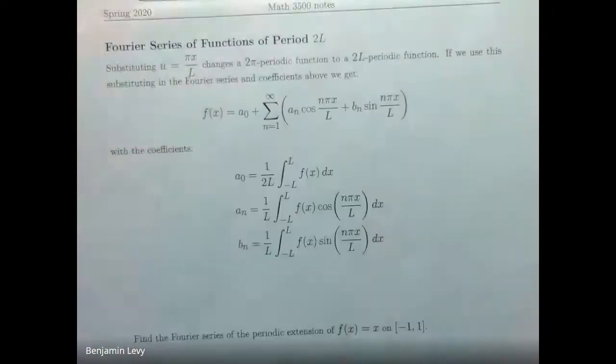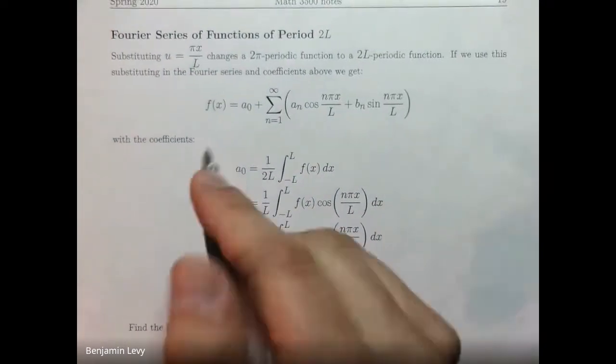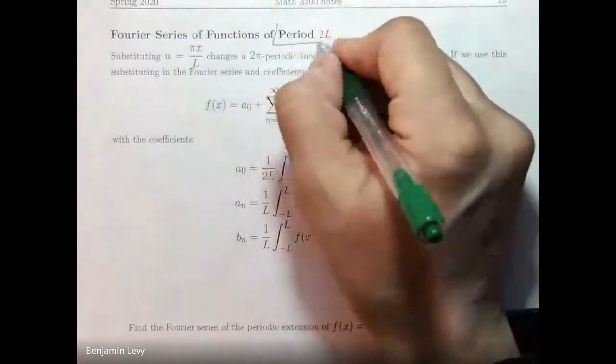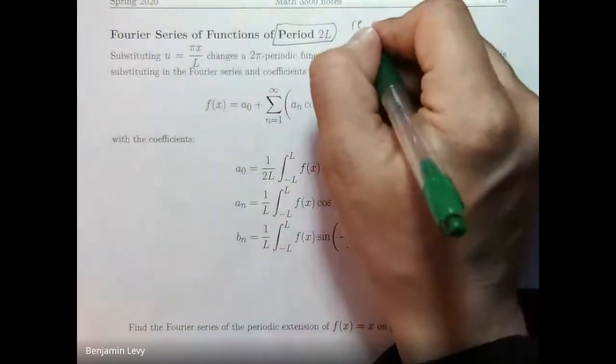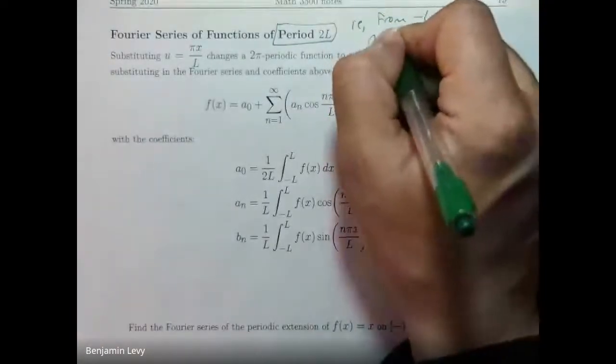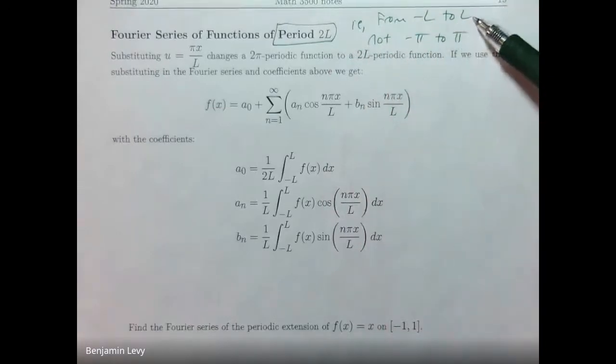The next page is just extending the idea of Fourier series to intervals outside of minus pi to pi. This is how to do a Fourier series of a function of period 2L, in other words from minus L to L, not minus pi to pi. Minus pi to pi is still applicable here, but we're trying to extend it to intervals that are bigger or smaller.